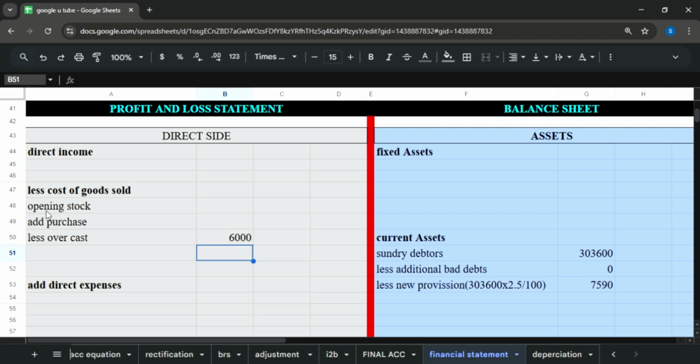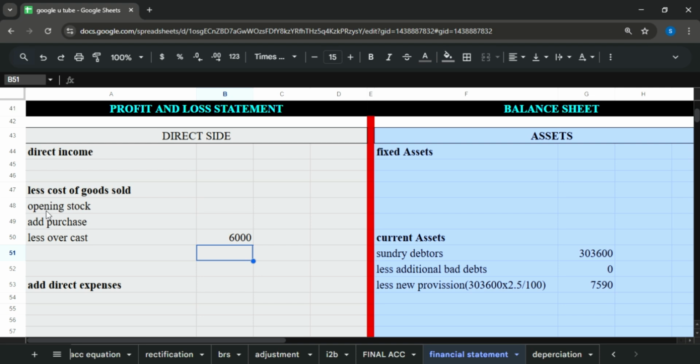Secondly, very important thing, when you have overcasted previous year opening stock, what would happen? The expense which was not meant to be written, we have written it, with which your profit was overcasted as well.